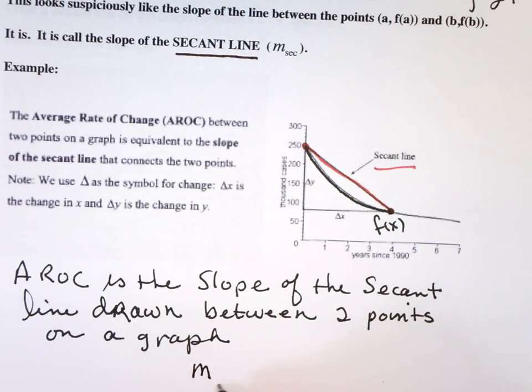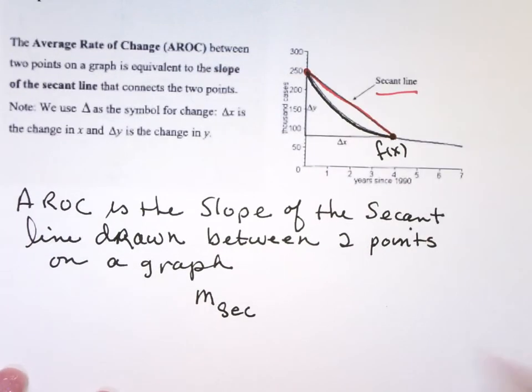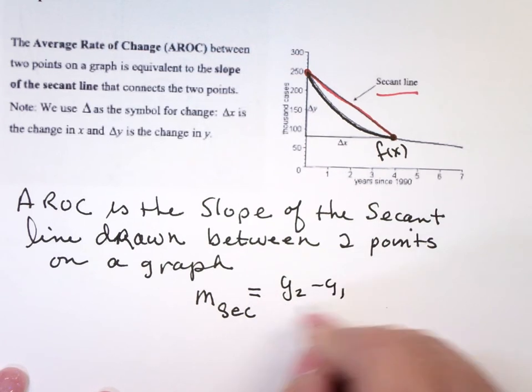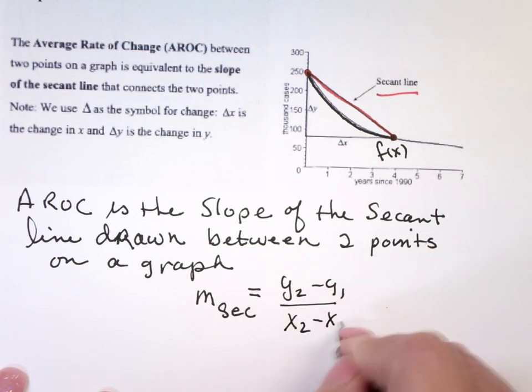So we could say the slope of the secant, and I usually say m sub sec, is y2 minus y1 over x2 minus x1. Something we know. Something we know.